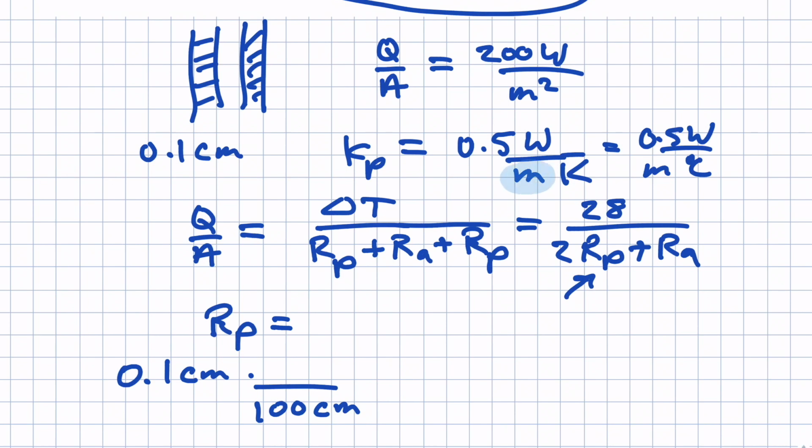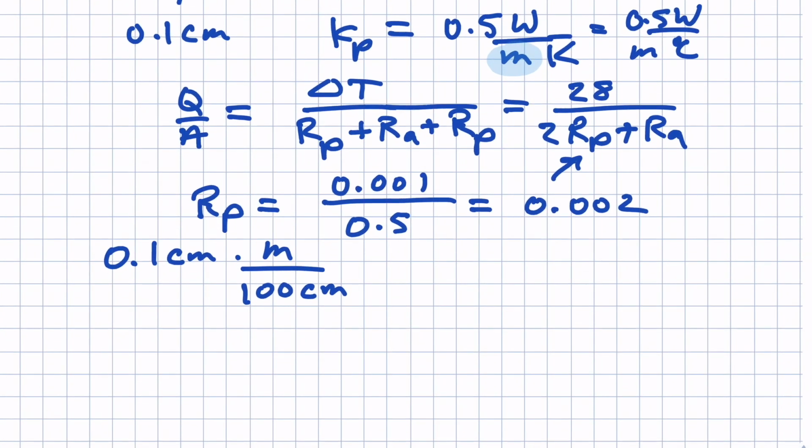So we convert that to meters, and we get 0.001. That's RP, that's delta X, and we divide by K. The K is 0.5, and so we get 0.002 for RP.